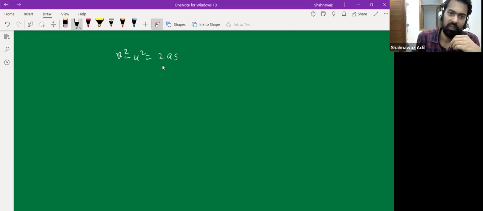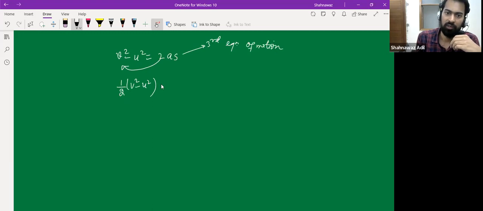And if we take 2 to this side, this becomes half v square minus u square. So this is the third equation of motion, right? And this becomes a s, right?